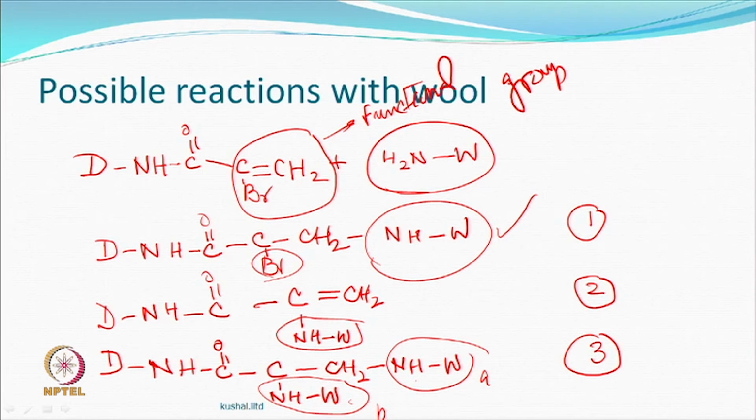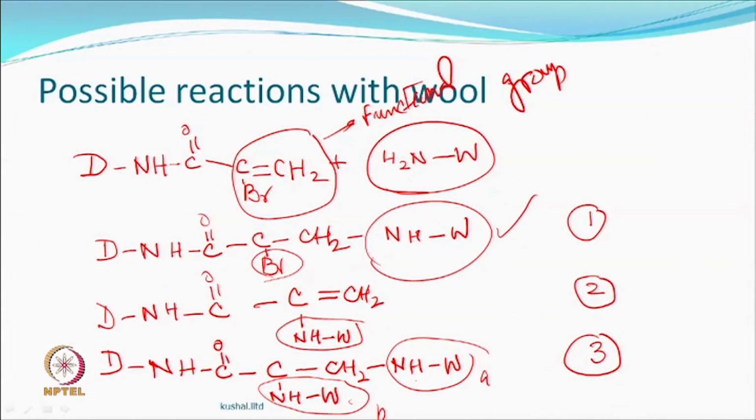And then if the double bond has to react, it can react and make an ethoxy kind of a link or epimine type of a link, which is relatively more stable, not exactly stable I would say, but that reaction also is possible. But the double bond can remain as it is. It is better that the bromine goes out from the reaction rather than stays, that will be better.